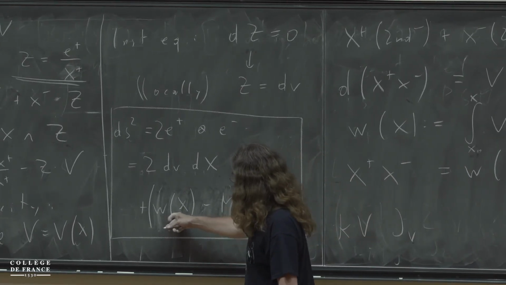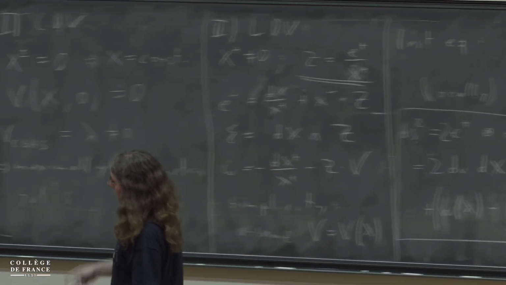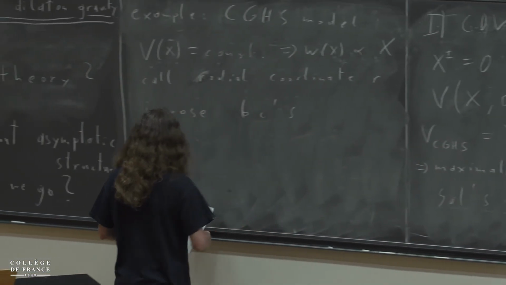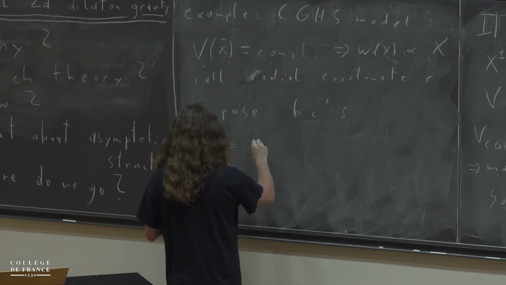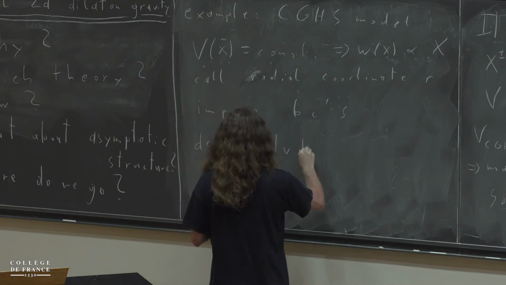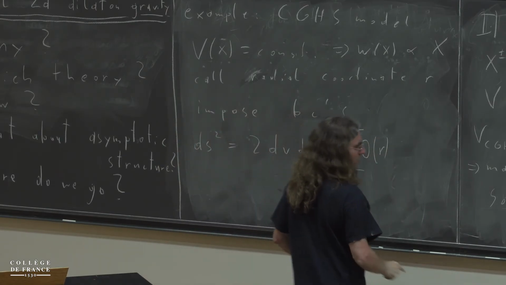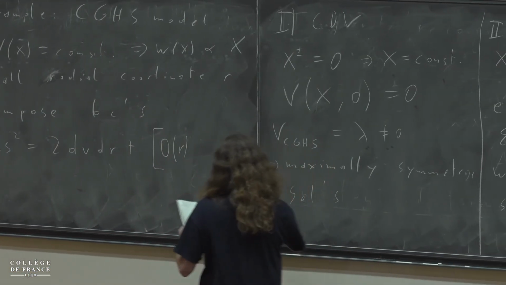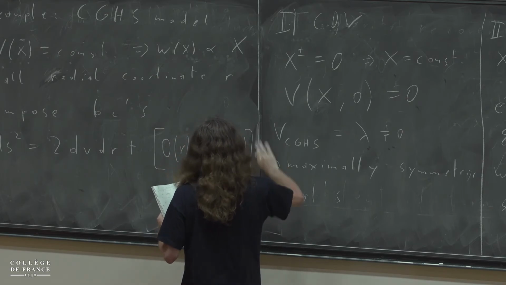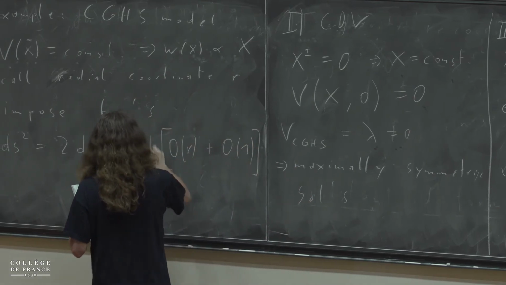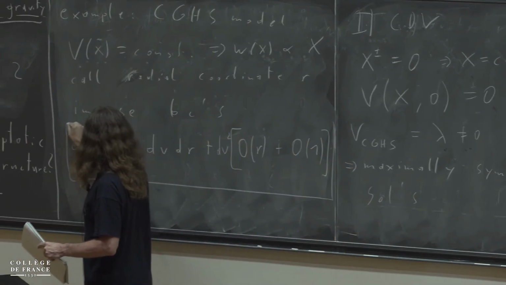So now that we know how generic metrics look like, we can make better informed choices for the boundary conditions. So I want to consider metrics of the following form: 2dv dr plus some term of order r, which is this function w, plus a term of order 1, and possibly plus subleading terms, times dv squared. These are the boundary conditions that I'm considering now.